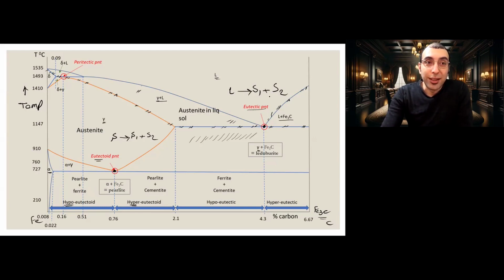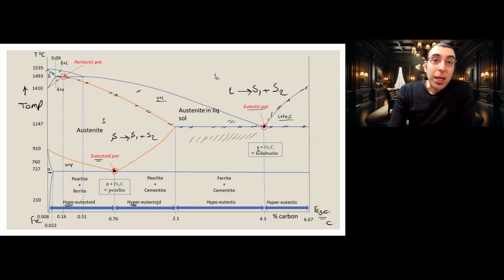So this is a eutectic point. Liquid in equilibrium changing into two types of solid. Everything lower than that we call hypoeutectic, and everything with a higher carbon composition than that eutectic point, we call hypereutectic. The same goes for eutectoid, that is solid changing into two other solids. Everything with a lower carbon composition than 0.76 we call hypo, and all the compositions that have more than 0.76 carbon we call hypereutectoid alloys.